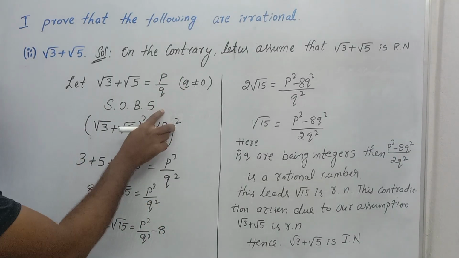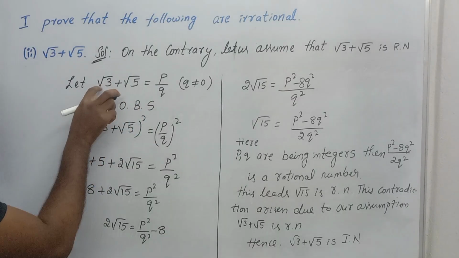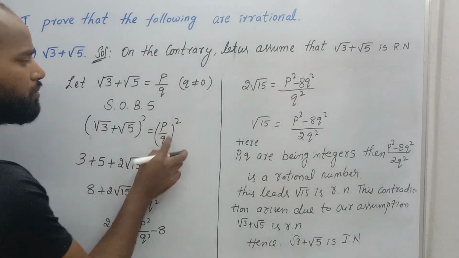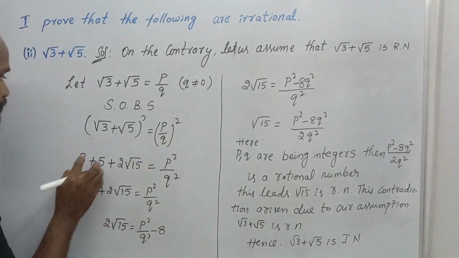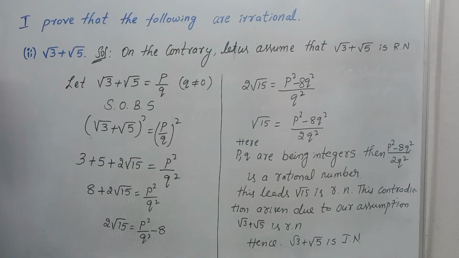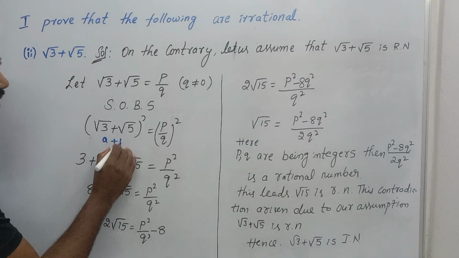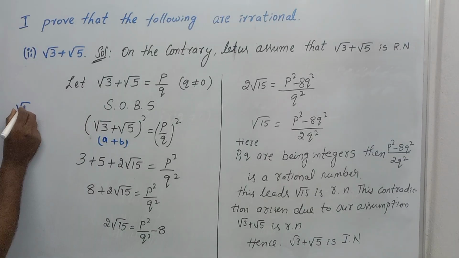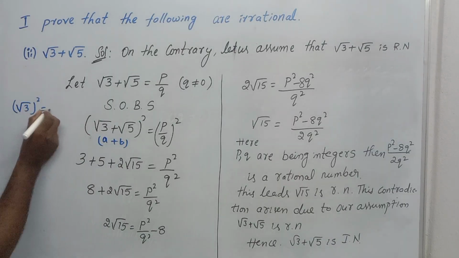Now squaring on both sides to remove the square root. So root 3 plus root 5 whole square is equal to p by q whole square. Then it is in the form of a plus b whole square formula, so expand it. a square, that is root 3 square, which equals 3. Why?